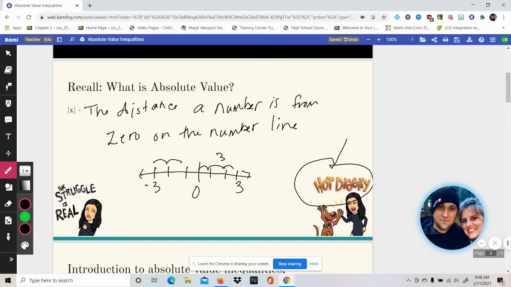So when I take the absolute value of a negative number, it's still a positive because we're talking about how far that number is away from zero. So the absolute value of -3 is 3. The absolute value of 3 is 3 because both of these numbers, -3 and 3, are 3 units away from zero on the number line.